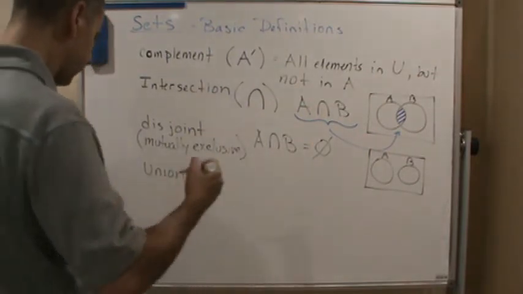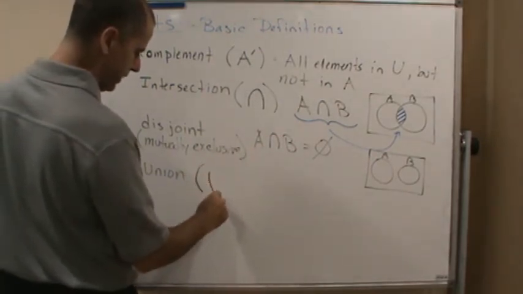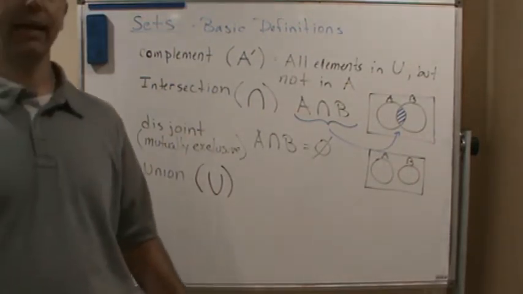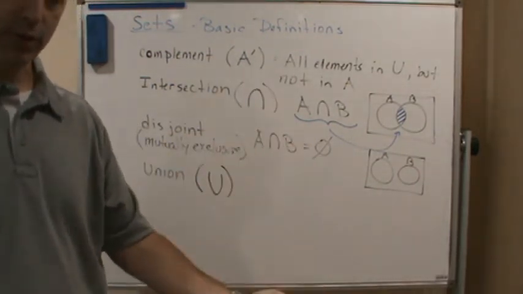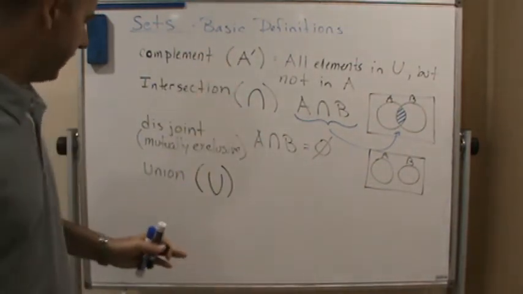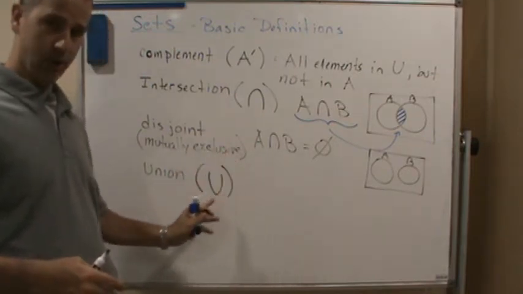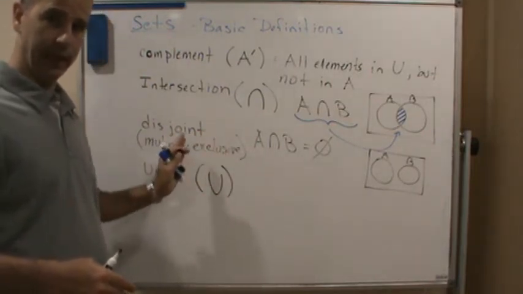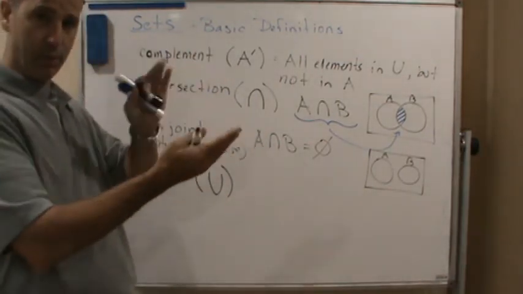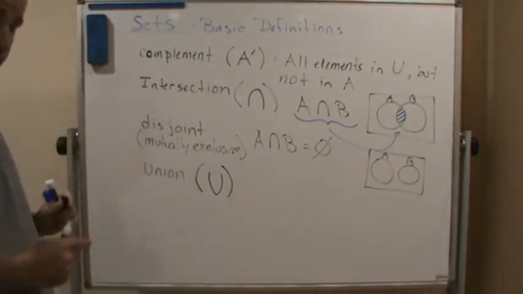So how do we depict that? The symbol that we use for union is a U, not to be confused with the universal set, which is a capital U. This symbol looks like a curved horseshoe, very similar to the proper subset symbol, but vertical.